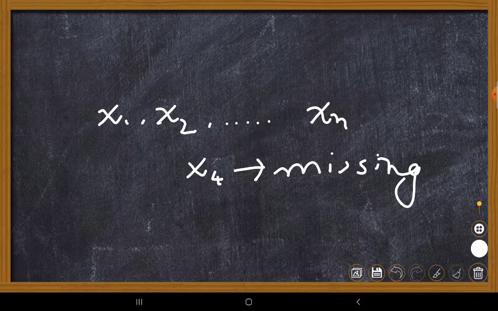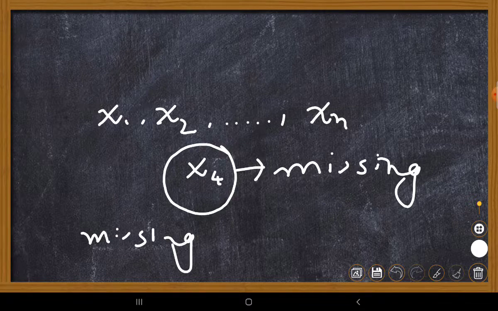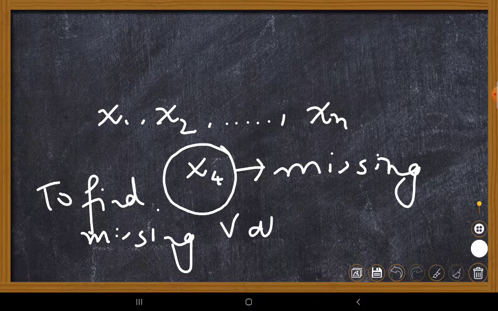Then interpolation is a technique which will be used in order to estimate this missing value x4. So interpolation simply means to find or estimate a missing value.